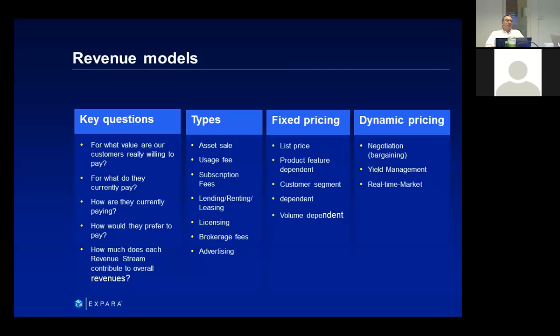So this original software revenue model seems like 100 years ago, but actually it's not that long. What was the next evolution in software revenue model?